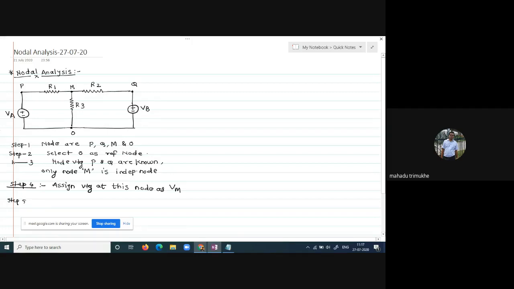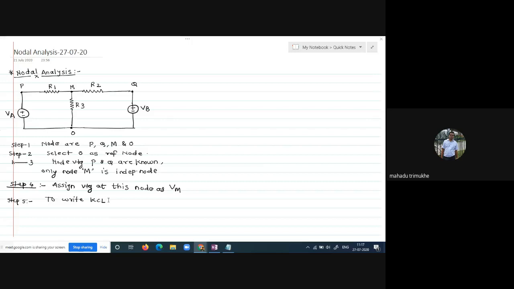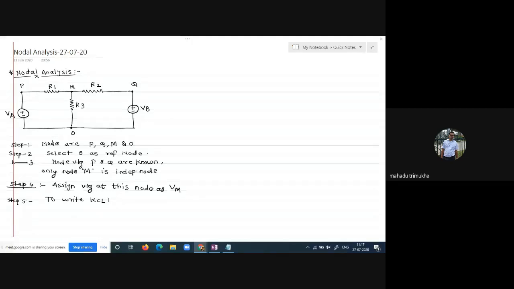Step five is what? To write KCL to all independent nodes, right? So here we have to assume a current in the circuit in an arbitrary direction. There is no issue to assume a current in clockwise direction, incoming, or outgoing.